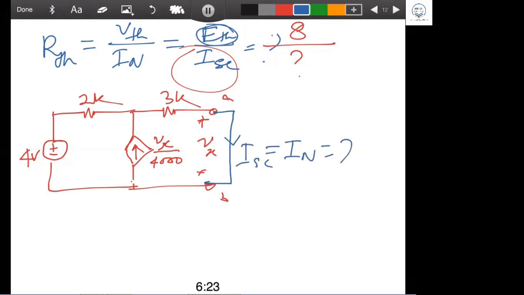Now you short it and find the short circuit current. If you short this AB terminal, what will the Vx value be? Can anybody tell me? Short means, AB terminal short means what is the resistance between AB? RAB will be what?